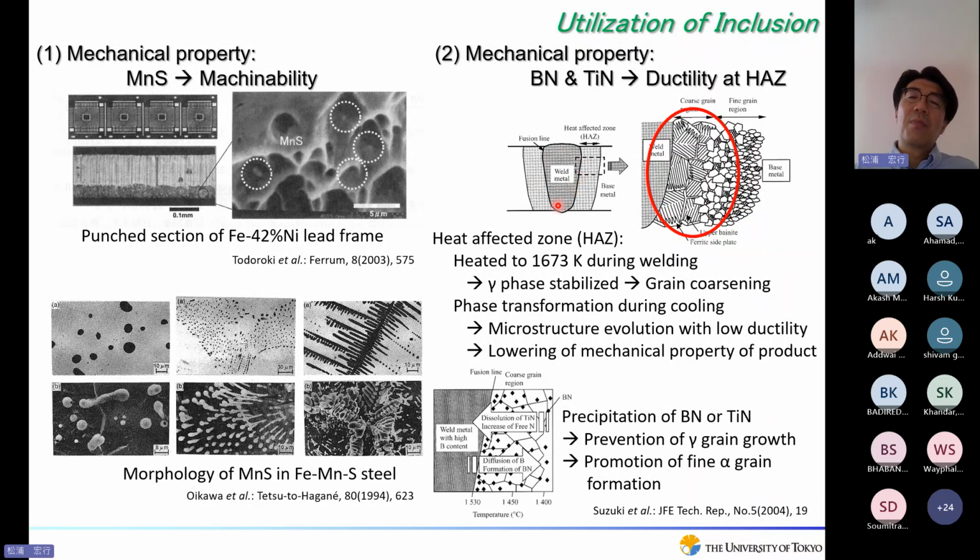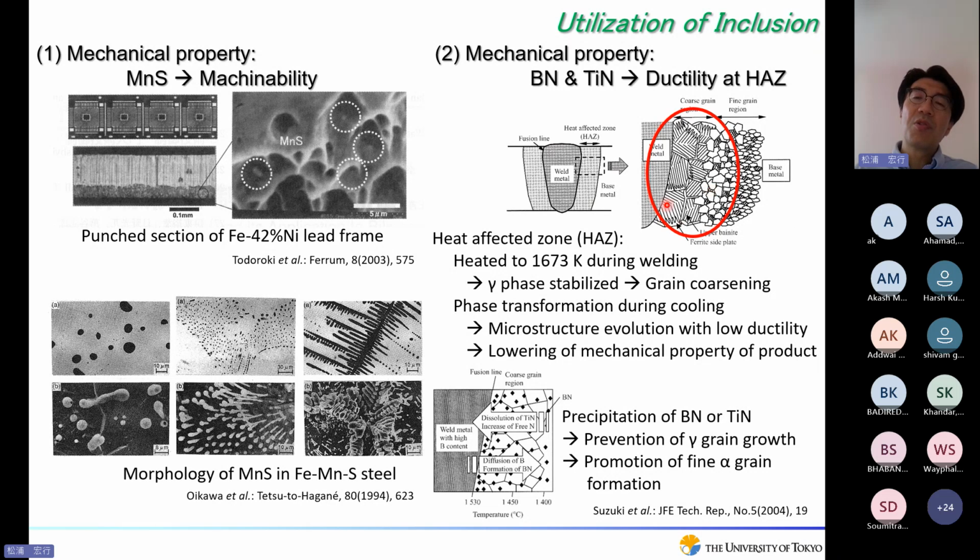So the problem of that welding process is that the extra heat is extracted through the connecting steel materials, and the part next to the weld metal is significantly heated up to a very high temperature, still below the melting point. And then the coarsening of the steel materials happens like this.